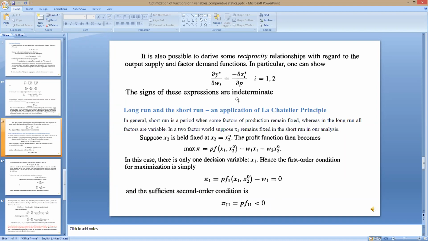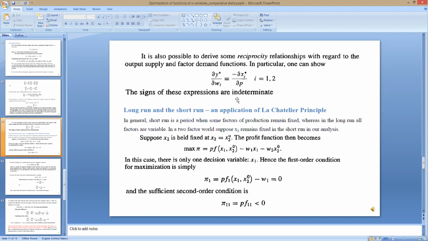After that, we are coming to some reciprocity relationships. That is, we are making a cross. We are considering an equivalence between change in output with respect to input prices and change in input demand with respect to output price.